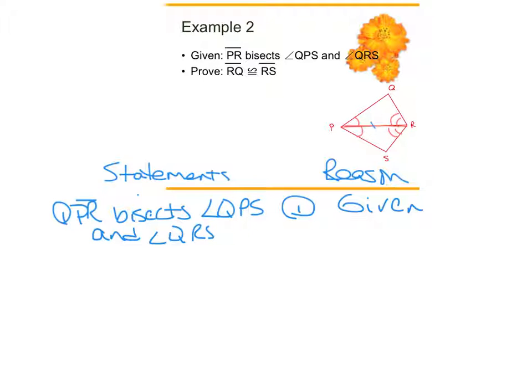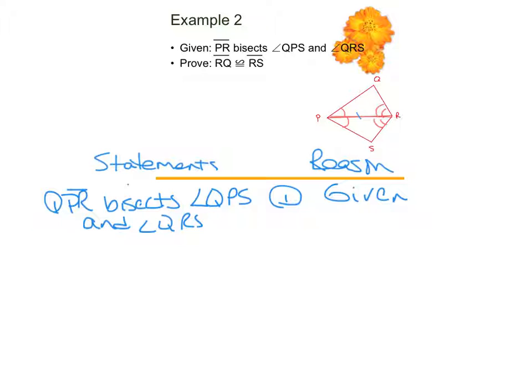So then next I could show the angles are congruent. And I can state that angle QPR is congruent to angle SPR. And this is definition of bisector.